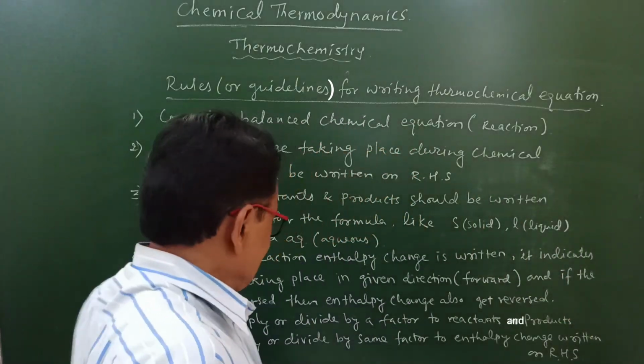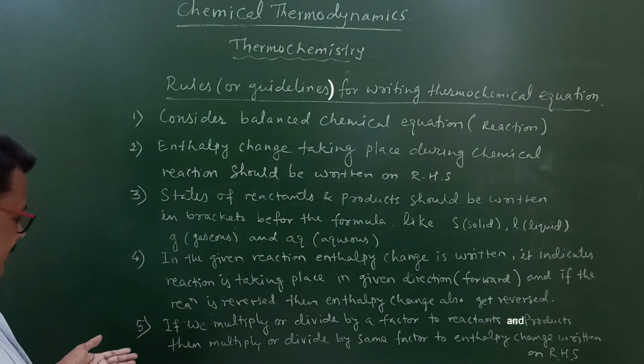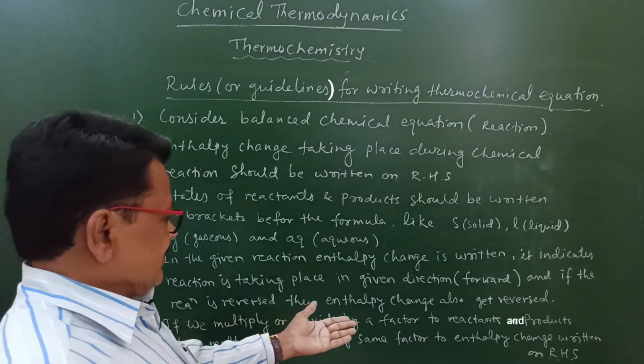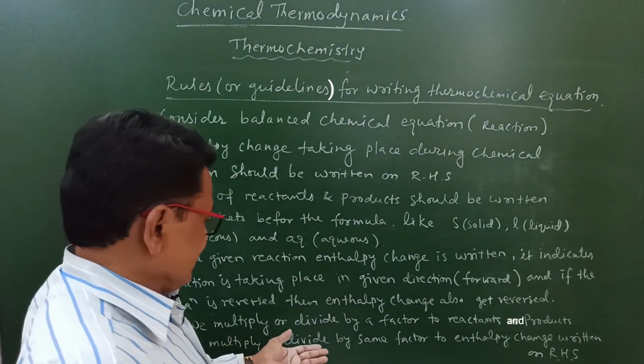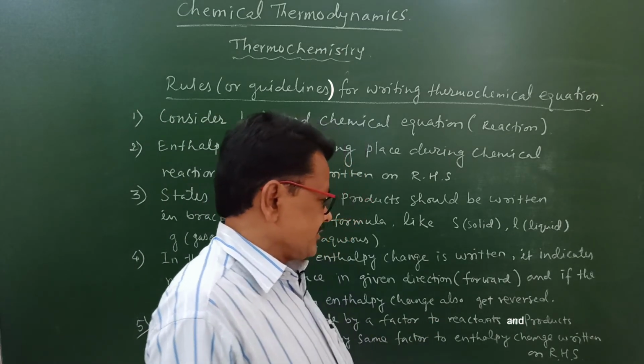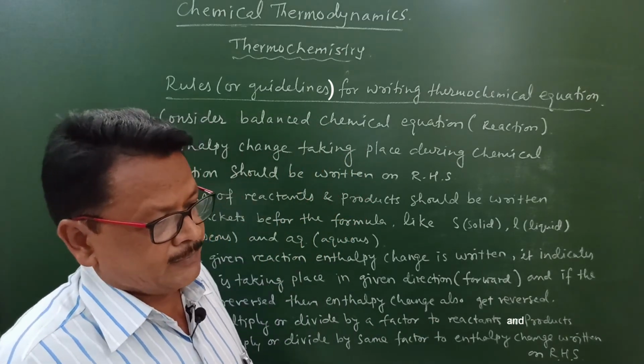So this is the fifth and last rule. If we multiply or divide by a factor to reactants or products, then multiply or divide by the same factor to the enthalpy change written on the right hand side.